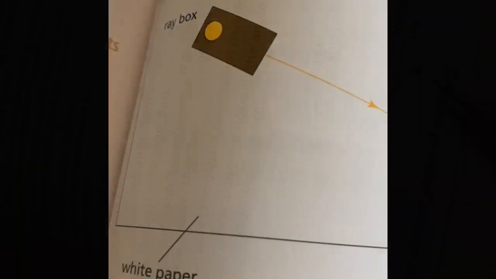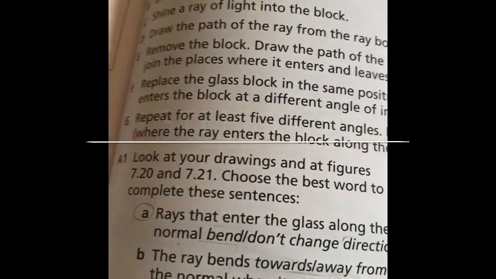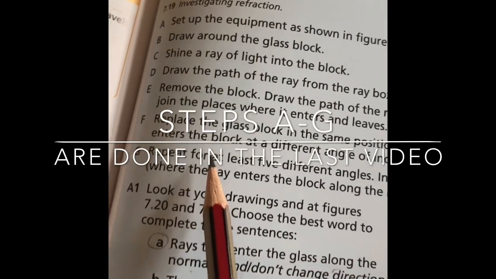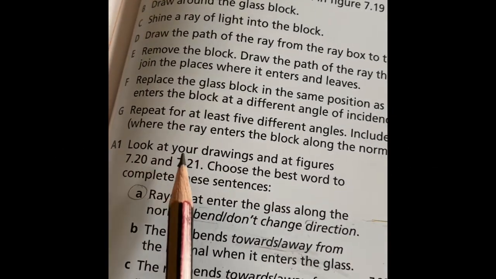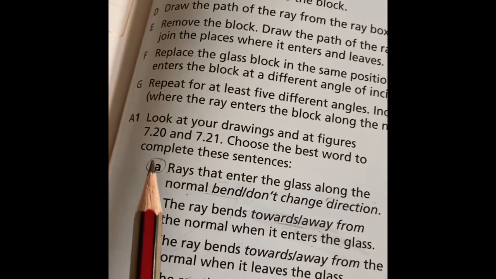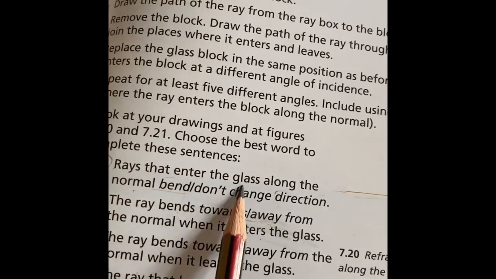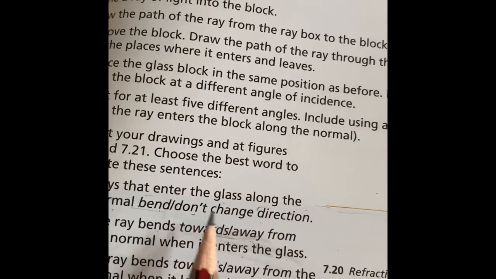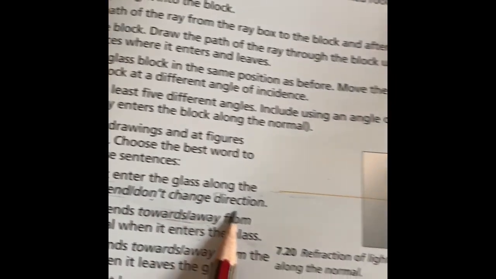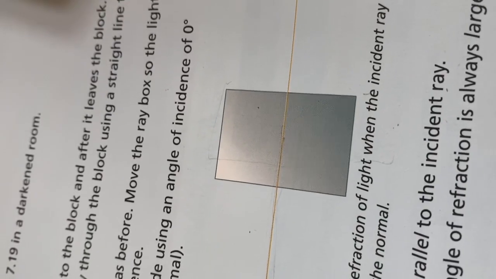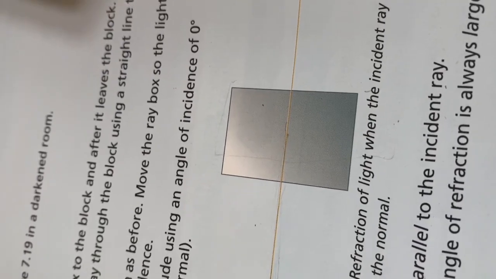Question number 7.5 asks us to do all the steps we did in the last video. Now look at your drawing and choose the best word. A. Rays that enter the glass along the normal bend or don't bend, change their direction. Any ray that enters the glass, if the ray is perpendicular, will not refract.